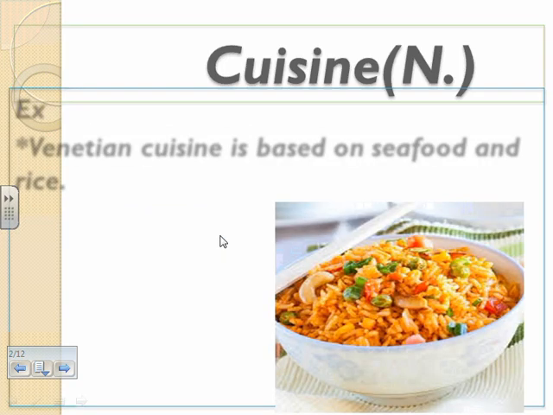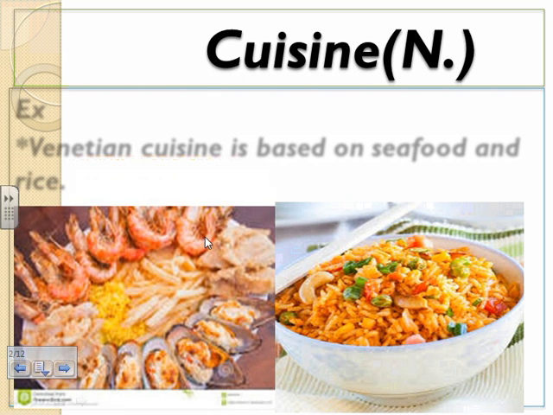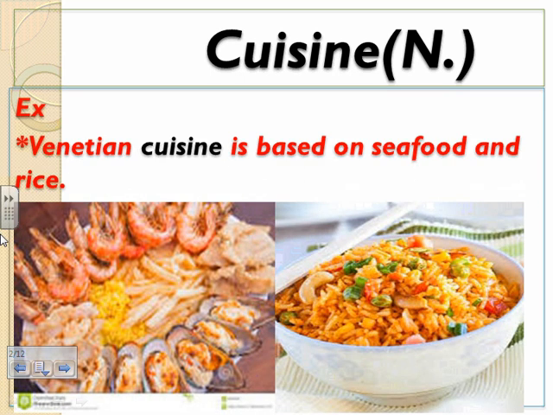Another word, cuisine. Cuisine is a French word. It means kitchen, but it's used in restaurants and words related to restaurants. Cuisine, it's a noun. Example: Venetian cuisine is based on seafood and rice, as you see from the images.